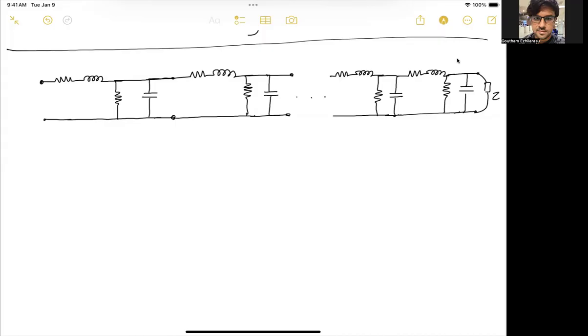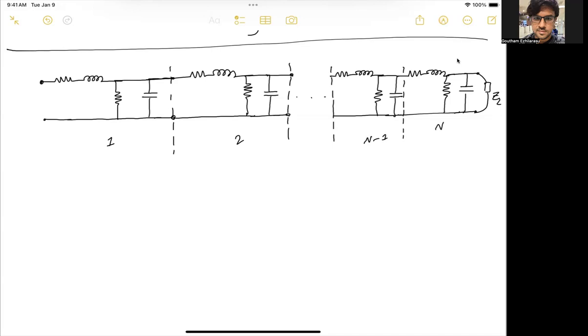So there's some load impedance ZL connected, right? So now what we're going to say is we have divided the transmission line into n elements. So this is element 1, this is element 2, and so on. And this would essentially be element n minus 1, and this would be element n.